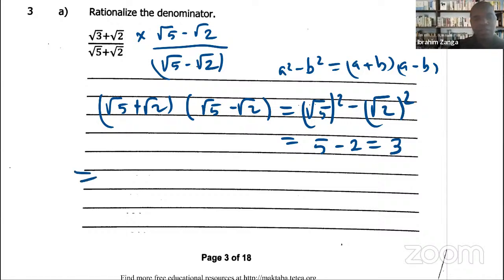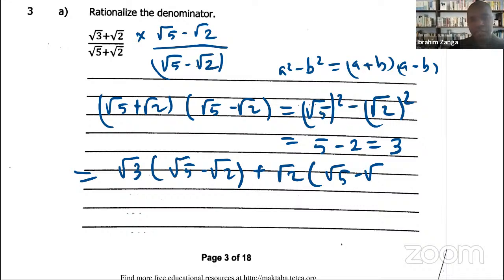So now we have the numerator, root 3 being multiplied by root 5 minus root 2 plus root 2 being multiplied by root 5 minus root 2 over 3, dear students.